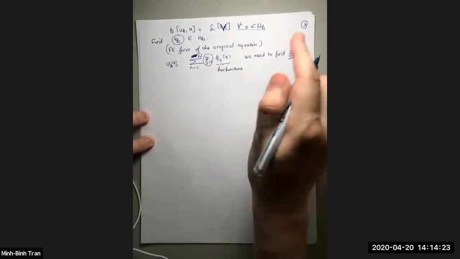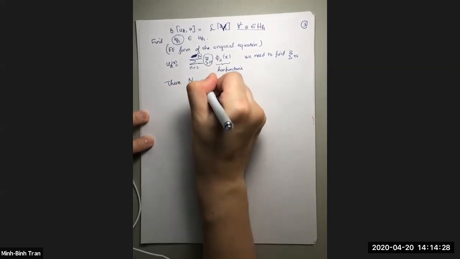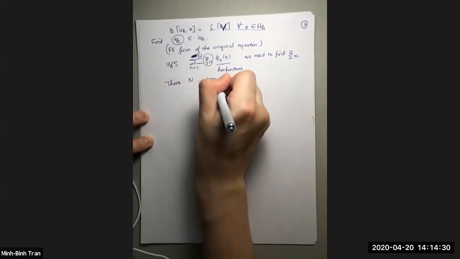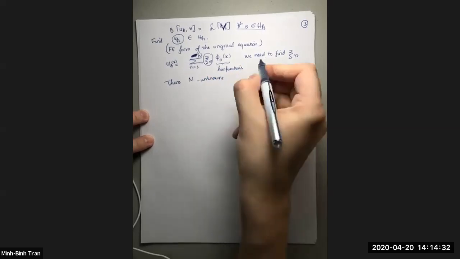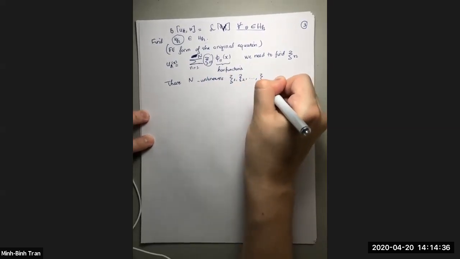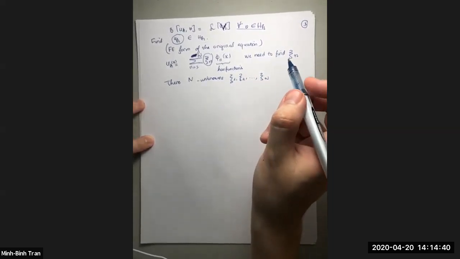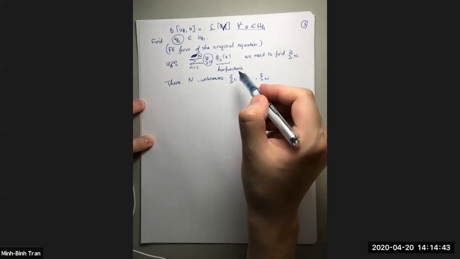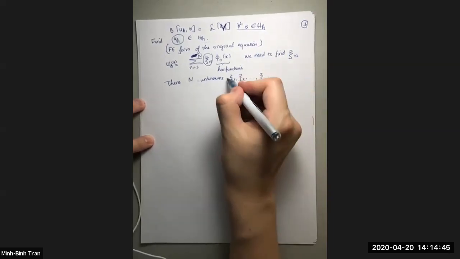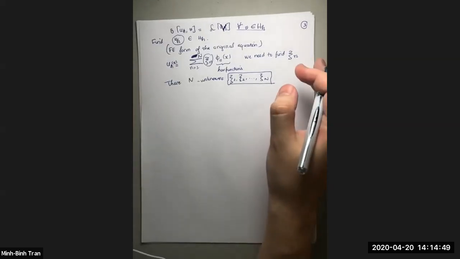So there are N unknowns, C1, C2, up to C_N.